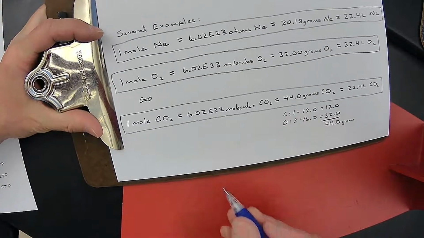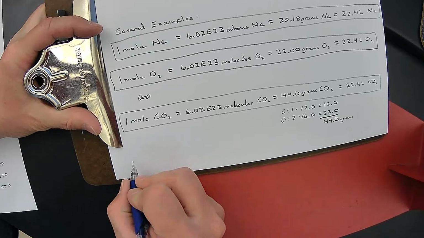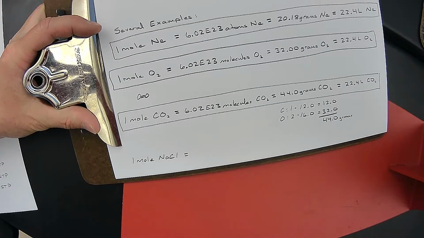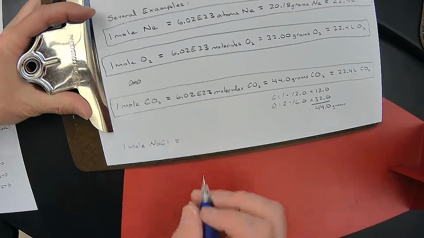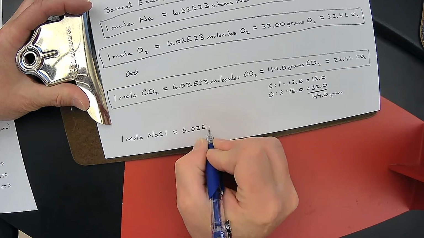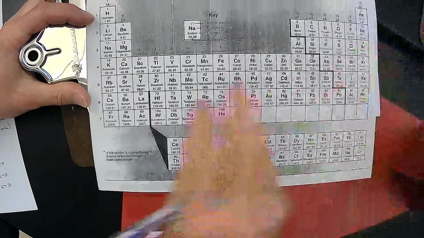My last example I want to look at is 1 mole of salt, 1 mole of NaCl. 1 mole of NaCl is 6.02 e to the 23rd. Now we need to look up Na and Cl.